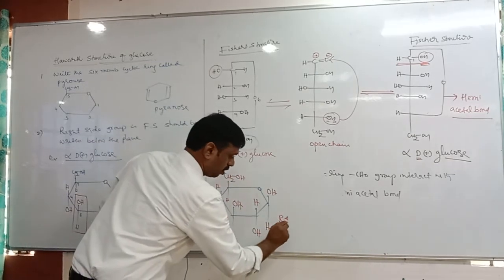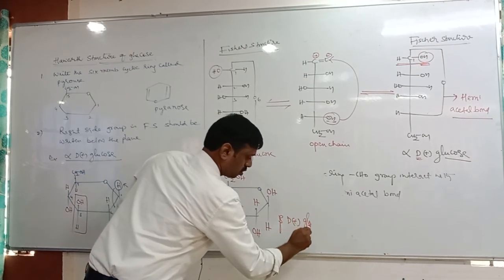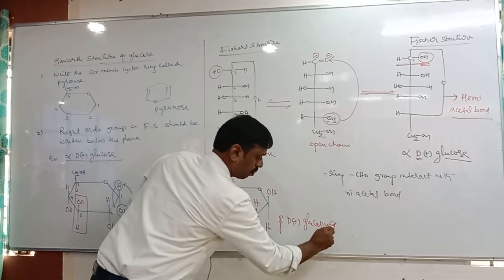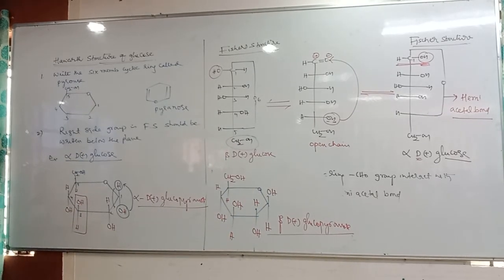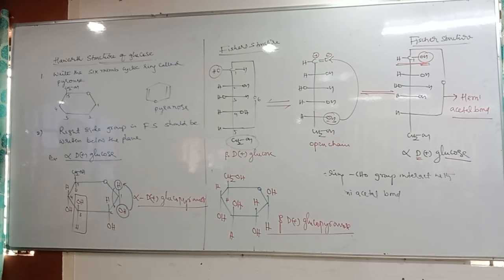This is beta D plus glucopyranose. So, alpha D plus glucopyranose and beta D plus glucopyranose.